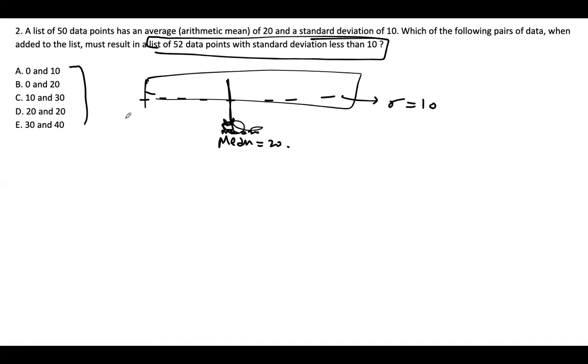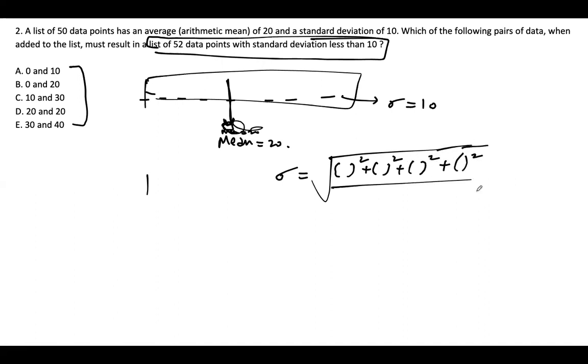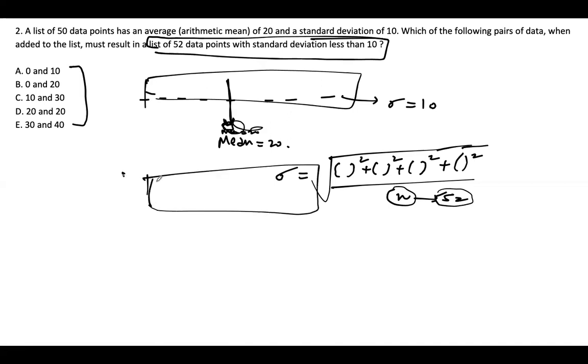So whatever values you are adding, you also know that standard deviation is the sum of all the deviations divided by what? Sai? Number of samples. So yes, number of samples are increasing. But can you think of a case wherein standard deviation has to be lesser in the new case? When the values that you are selecting are the mean itself.